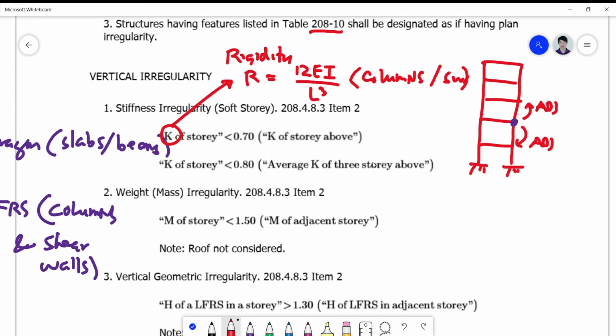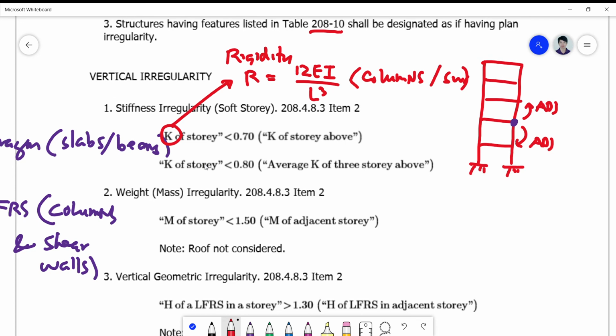So that's the meaning of this. You have to check each condition. If it passes here, you check the second. If the K of the story is less than 80% of the average of the K of the 3 stories above, of course, if there's no more story above, that's not applicable. You have to bear in mind that this is a general statement that we have to apply on each and every situation.